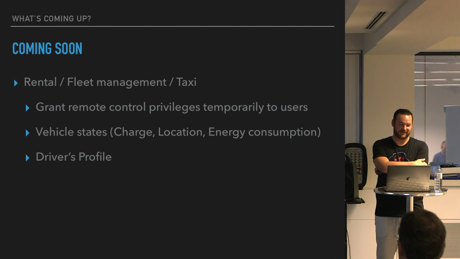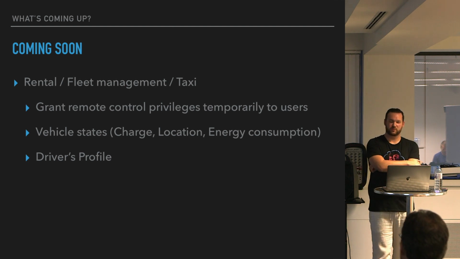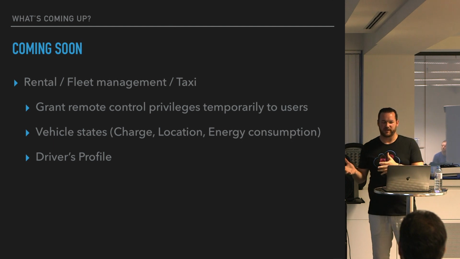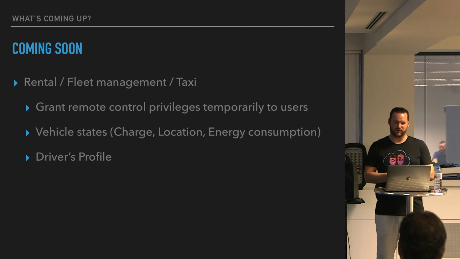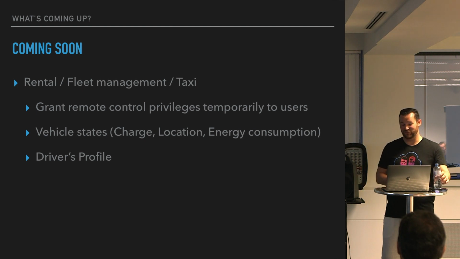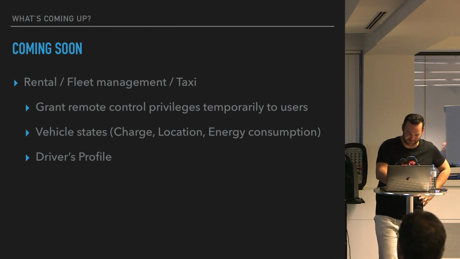I also want to consume more vehicle states, like the charge, the location, and the energy consumption, which could be easily evaluated using big data patterns, where you combine the weather and compare it to your energy consumption. Stuff like that could be analyzed on the fly, and also driver profiles. If my wife drives my car, I just want to know how far she drove, how fast she drove, and how much energy she consumed. Stuff like that could be interesting in the future.